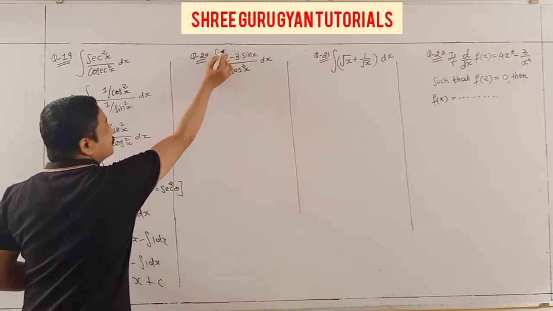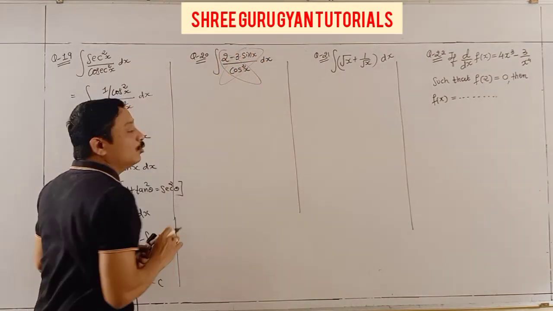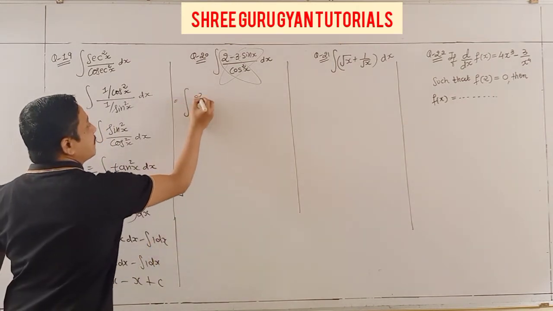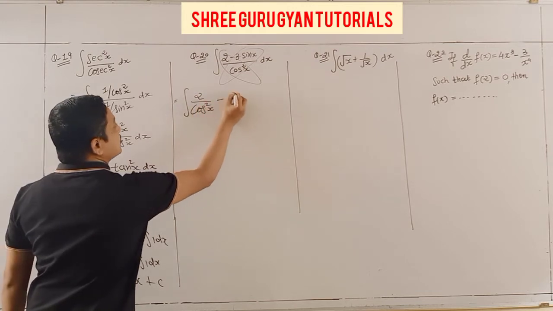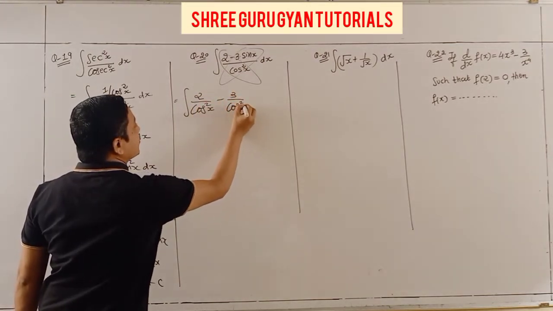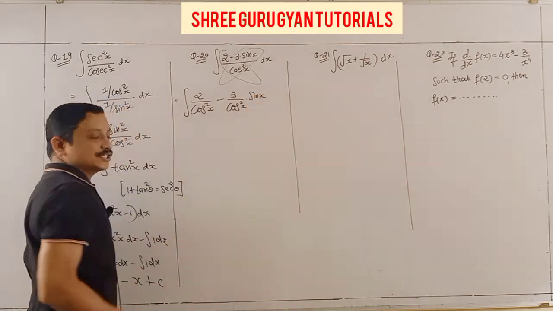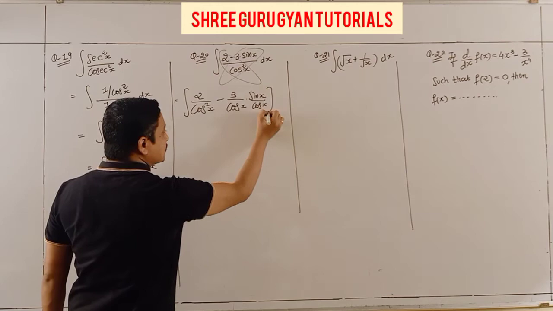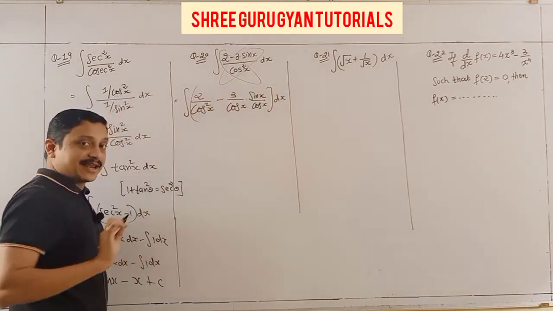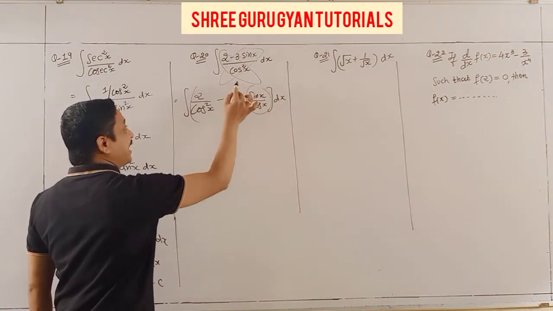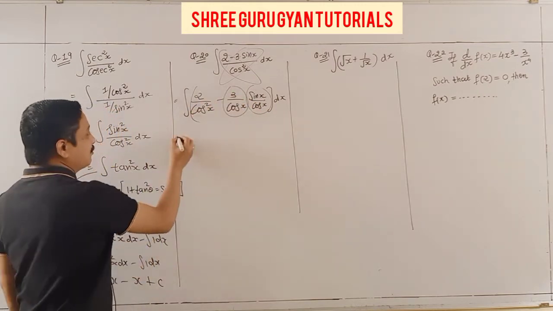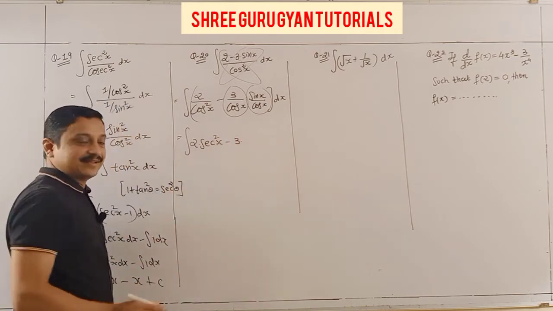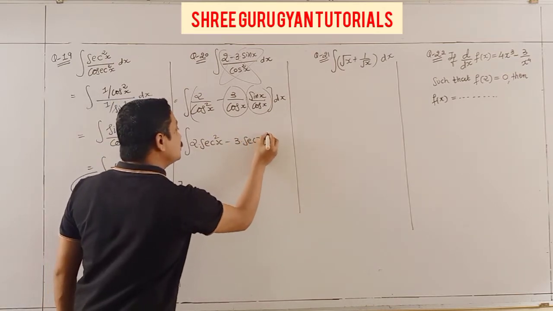Now here also you can separate both terms. The denominator is, so 2 by cos square x, next 3 by cos square x into sin x. So can we write this cos square x as a single cos? Actually it is cos square x, but it is sec. So my data is 2 sec square x minus 3 sec x into tan x.